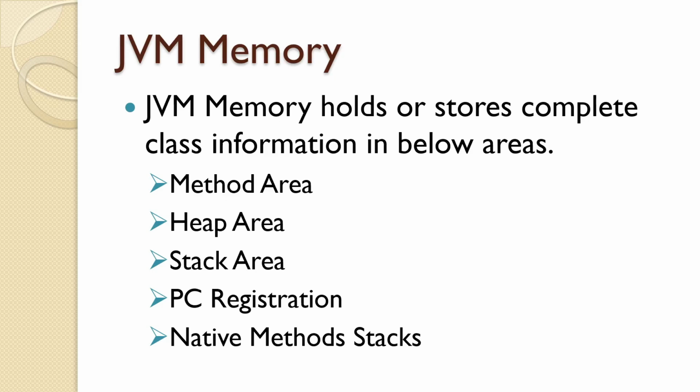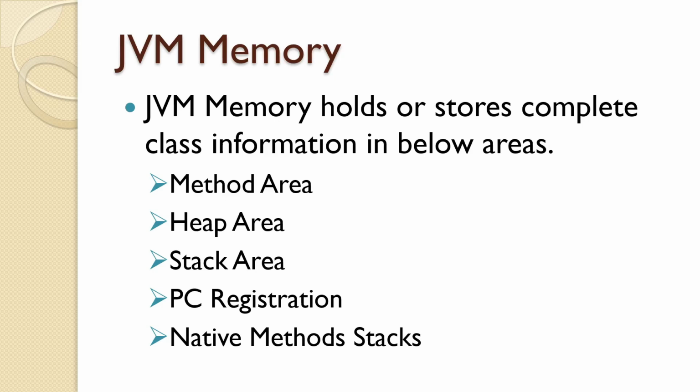Before Java 8, static variables were stored in the method area. After Java 8, static variables are stored in the heap area. All object information is stored in the heap area. Heap area is also a shared resource, where method area and heap area both are shared resources.